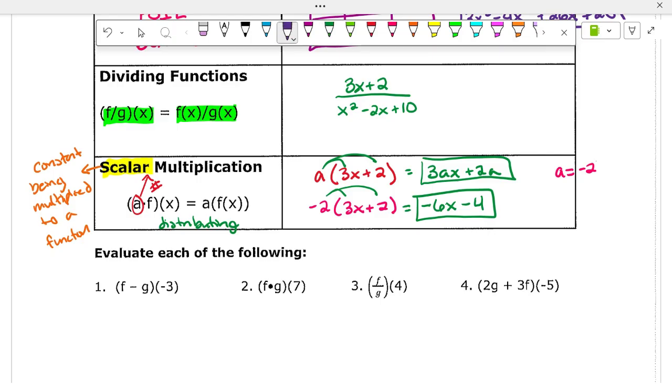Because if you do the operation first, sometimes it's more work than it's actually worth. But as soon as you do the evaluation, you're just playing with numbers. So whenever you're evaluating, do the evaluation before the operation.